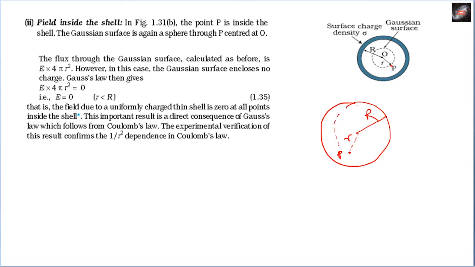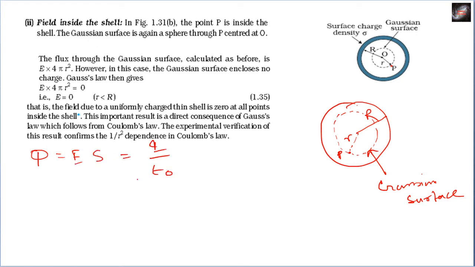Now here we take the Gaussian surface, which would be a sphere of radius small r. This is our Gaussian surface. Now according to Gauss's law, flux phi equals E into S, which equals Q by epsilon naught. Here S means our Gaussian surface area, which is 4 pi small r square.